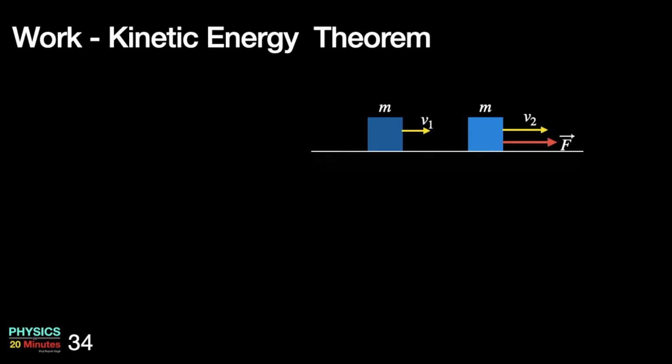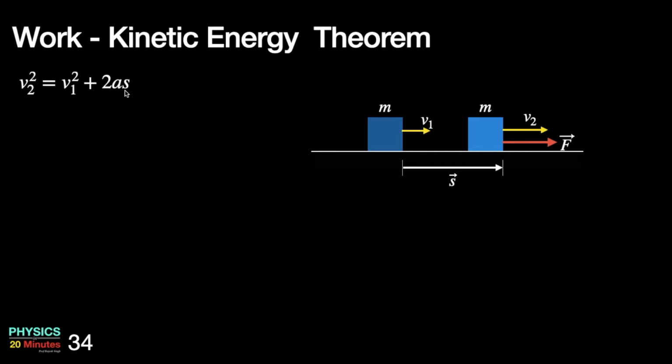While this happens, let the displacement of the block be s. Then I can simply write the kinematical equation v2 square is equal to v1 square plus 2as. We are all familiar with the term a, the acceleration. Remember, force is working, so there has to be an acceleration, and s is the displacement.